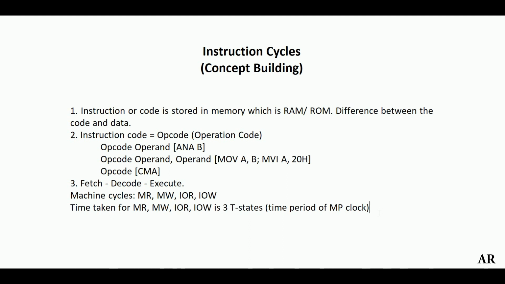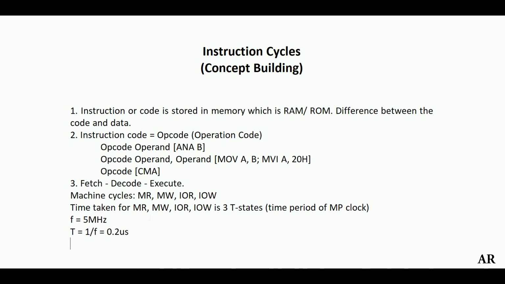For example, if 8085 has a clock frequency of 5 megahertz, I can write frequency is 5 megahertz. Usually in the Intel processors of your laptop, the frequency is given in gigahertz, while your 8085 works with a clock frequency of 5 megahertz. Here, to find the value of one T state, which is the time period, T equals 1 divided by F. This will be 0.2 microseconds.